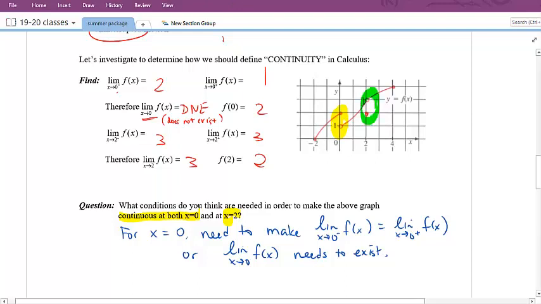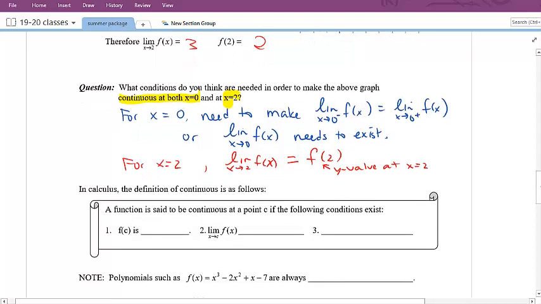The problem here is that I had to lift up my pen and put that dot somewhere else and then draw the remaining. So the idea here at x equals 2, what you need is the limit exists, right? So the limit at 2 exists. We've got a number, but unfortunately it doesn't equal the actual value. So this really has to equal the value. So what we're saying is the limit must equal the y value at x equals 2.